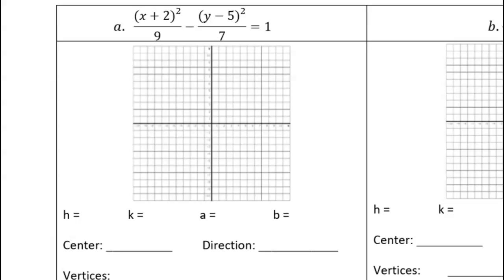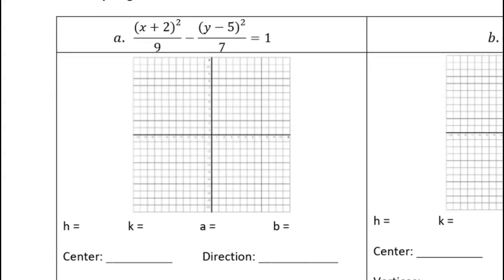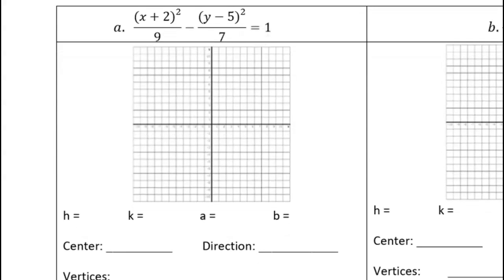Now, a lot of this works the exact same way that an ellipse did. The h and k are still determined by what is added or subtracted from your x and y. So, what is our h value here? Yes, remember, the h is the opposite of whatever is added or subtracted from your x.